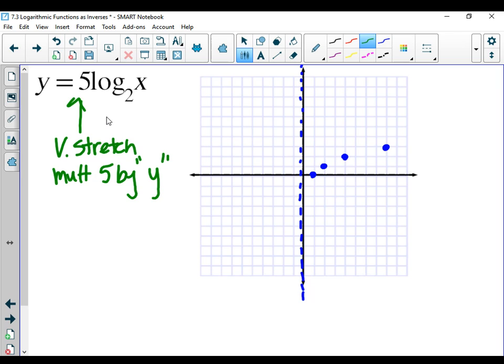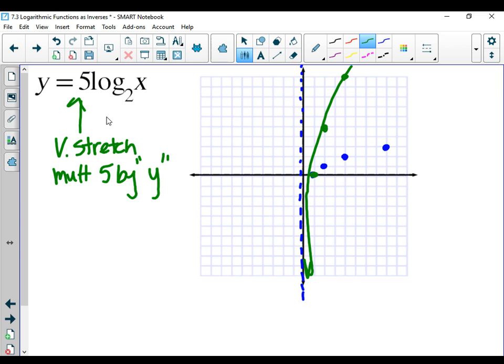So my y value here is 0, so I'm going to stay here. My y value here is 1, so 1 times 5 gets me 5. My y value here is 2, so that goes all the way up to 10. And then you can kind of see from there, which I won't have room to show it, but it is extremely stretched. It will keep going like that, and it'll round off eventually up there, okay?